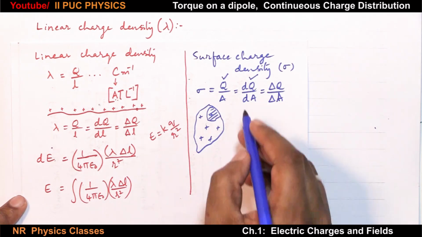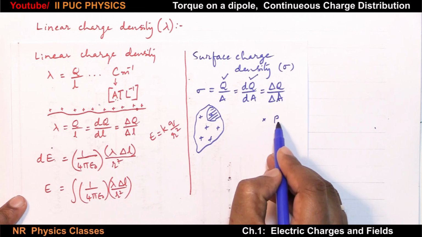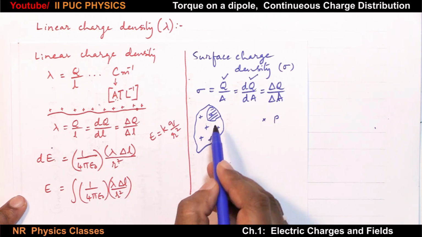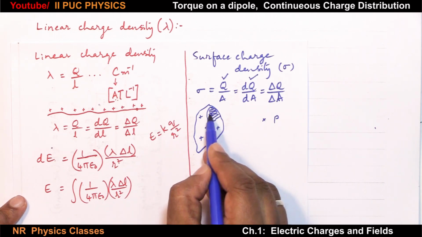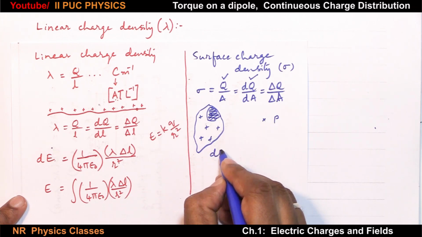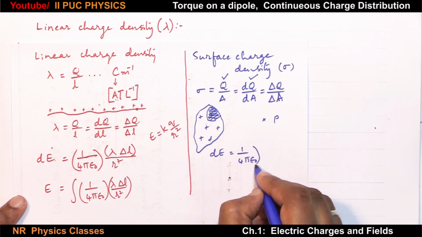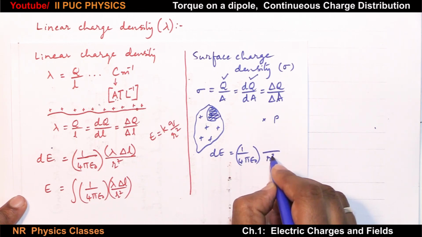Now, because of this charge, what is the electric field at point P? First, because of this charge distribution, dE equals 1 by 4 pi epsilon naught, denominator should be r square.